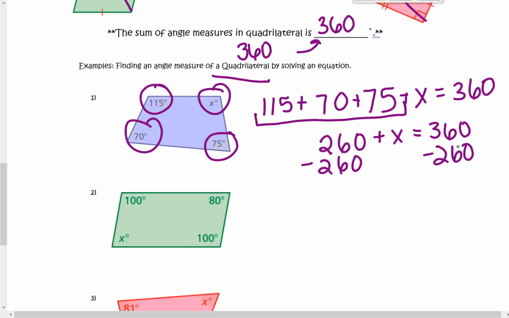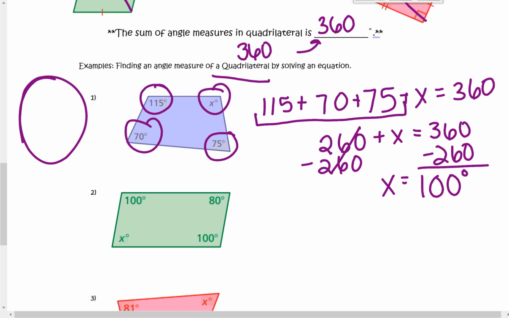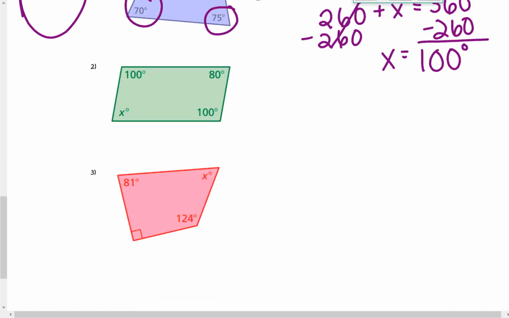Remember, whatever we do to one side, we have to do to the other in order to keep it an equal equation. We take 360 minus 260 and we get 100 degrees. Do not forget your label of that degree sign. If you have any questions on this example, please write it over here so that you can remember to ask me in class.